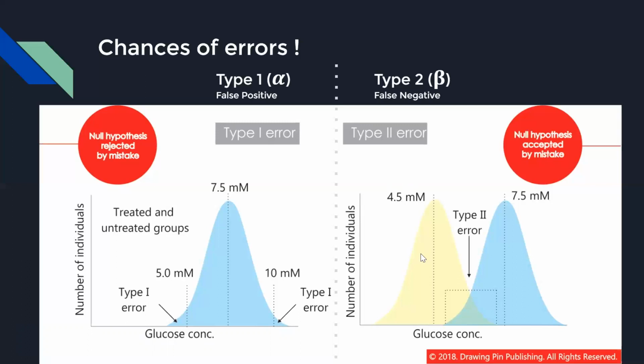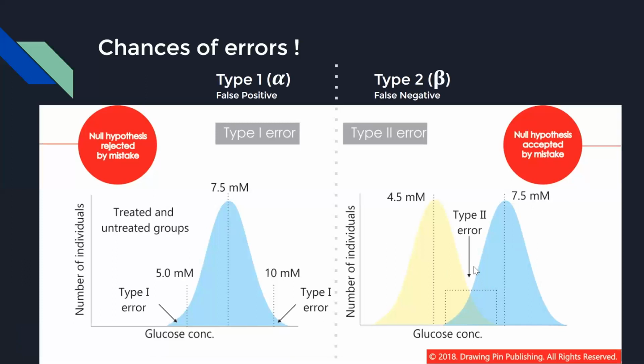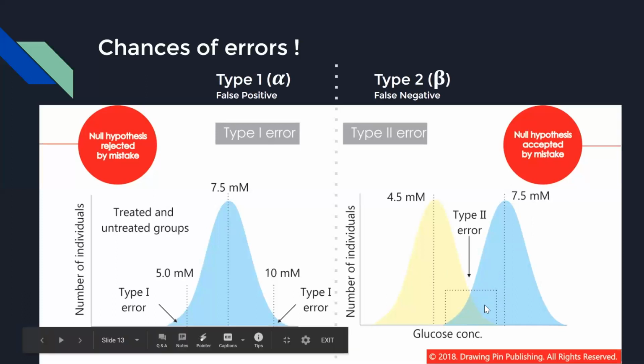So now in the second case, if two groups, control and treated, yellow is the treated group and blue is the control group, had a significant difference in their mean sugar level, but the animal data that you chose was from the overlapping region.